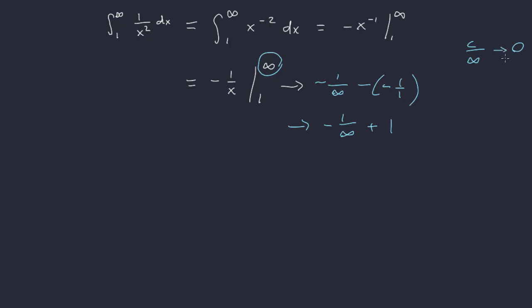I should say goes to. All right. So this guy zeroes out, and then we just get 1. So yeah, it turns out that 1 over x squared goes to 0 fast enough to converge. Okay. So this guy converges.